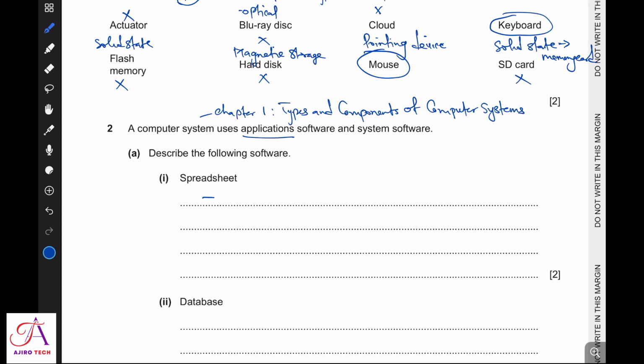So the first thing I want to talk about here is that it is used to organize and manipulate numerical data.